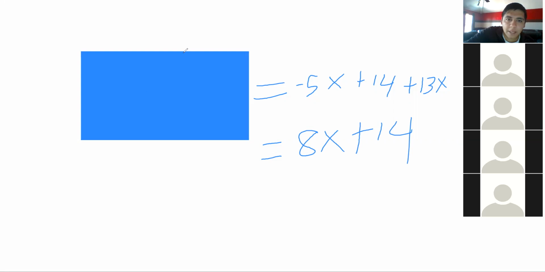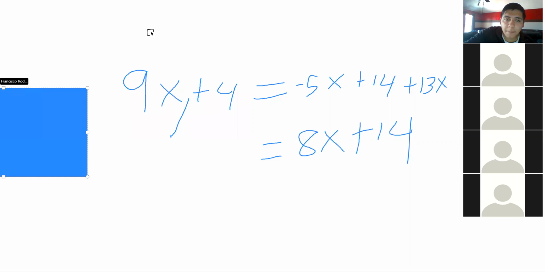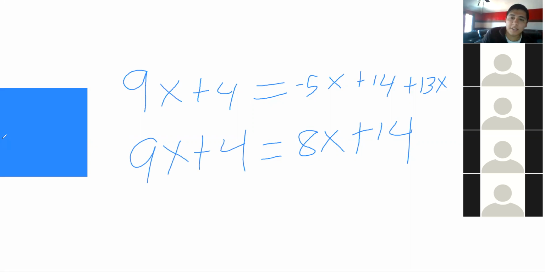So now that we have that, we have 9x plus 4 on the other side, right? So now that both sides are simplified, now we can start solving our equation.